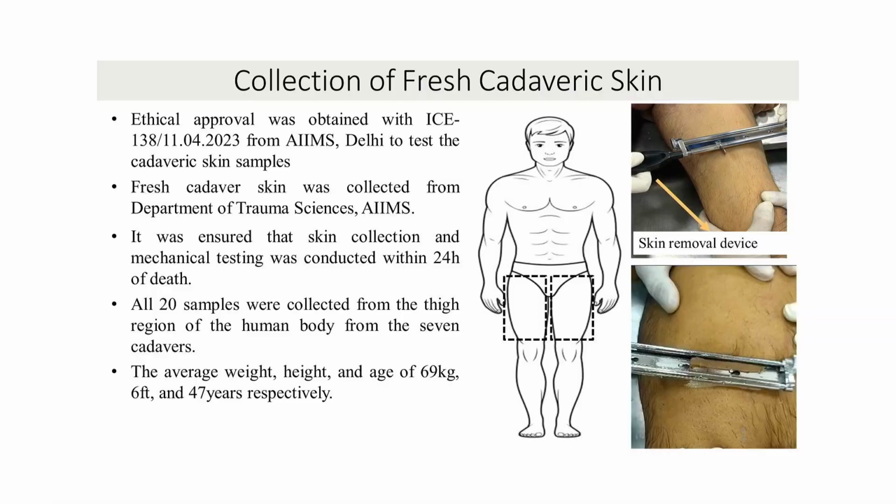So in order to gain further expansion, we started looking at different innovative designs or slit designs or cut perforation designs within the skin, which are known as metamaterial or auxetic based designs. So in order to look at that, we did a fresh cadaveric skin study. Why did we study fresh cadaveric skin?